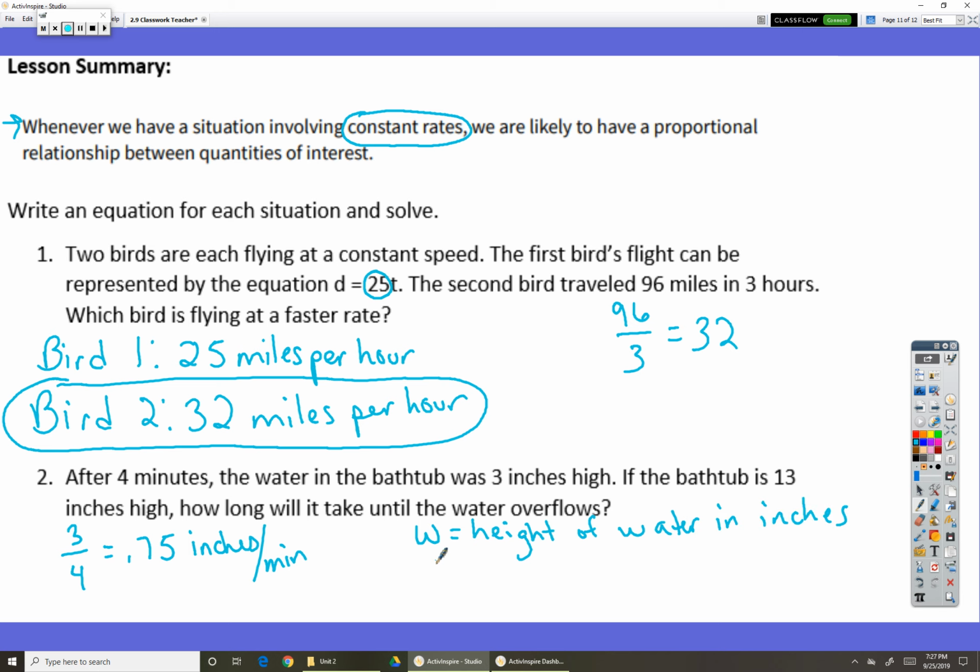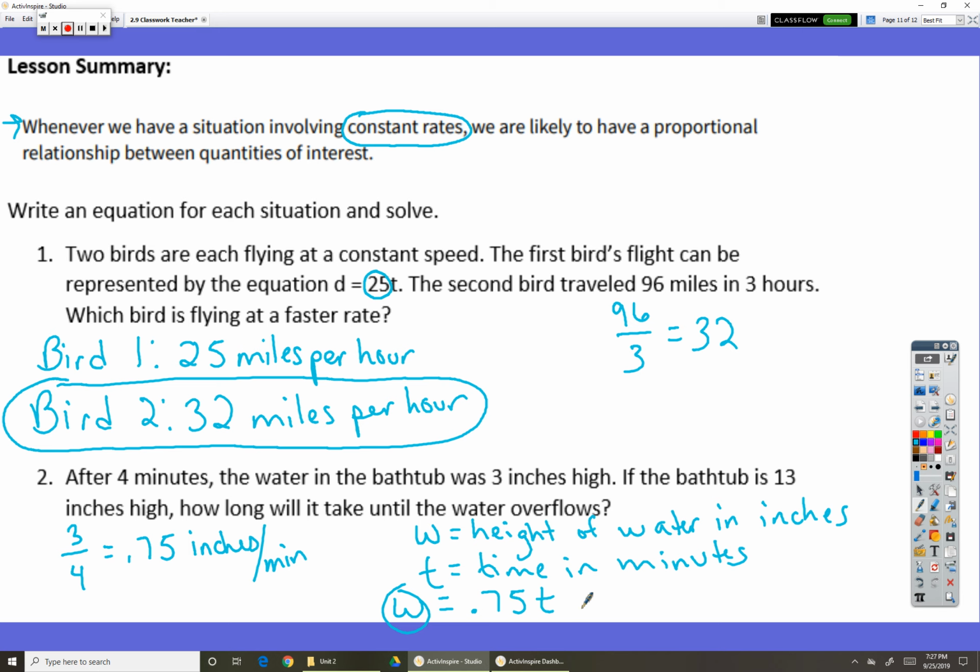And let's let T, good old T, stand for the time in minutes. So if the rate is 0.75 inches per minute, we're going to multiply that by the time to get the height of the water in inches. So it says if the bathtub is 13 inches high, so when this number gets to 13, how long will that take? We're going to find T.